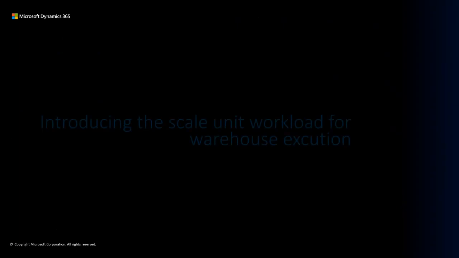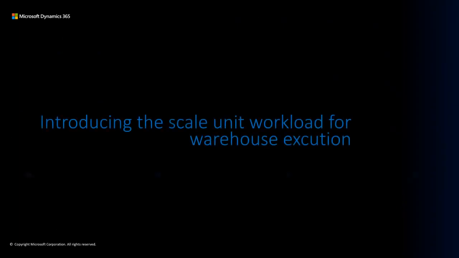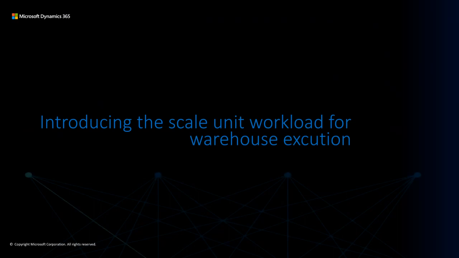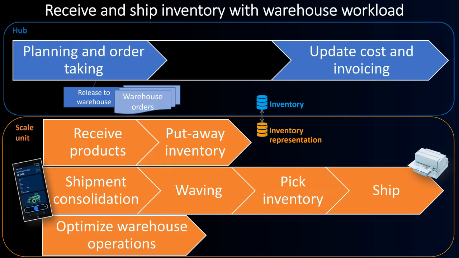All right, so that covers what was available for manufacturing execution scenarios. Next, we're going to cover what's available with warehousing execution. So just like manufacturing, planning and order taking is performed on the hubs.